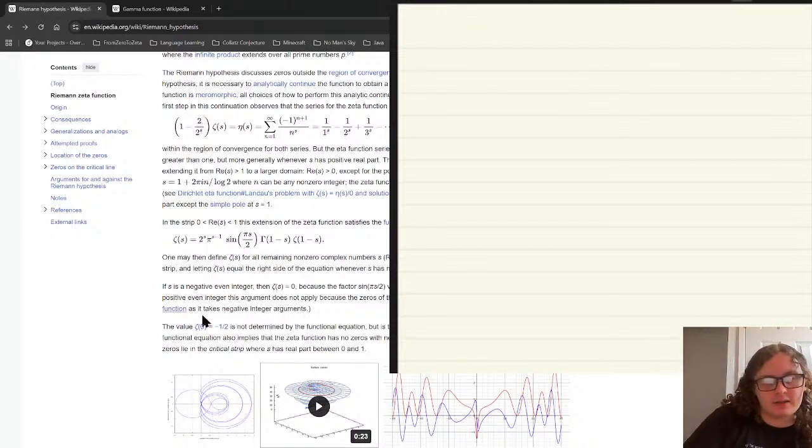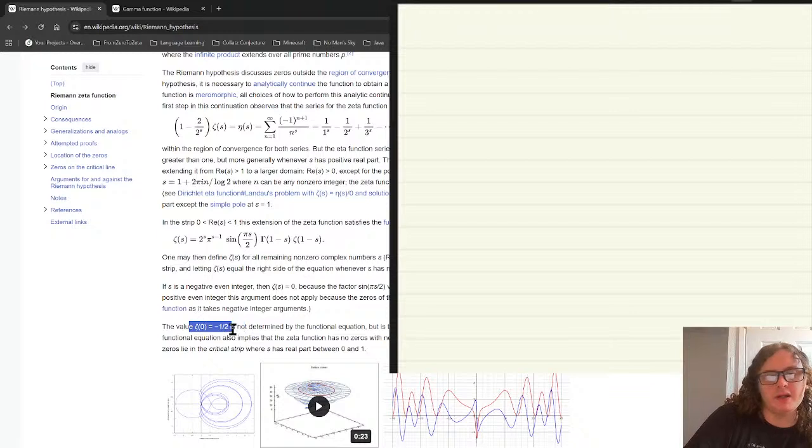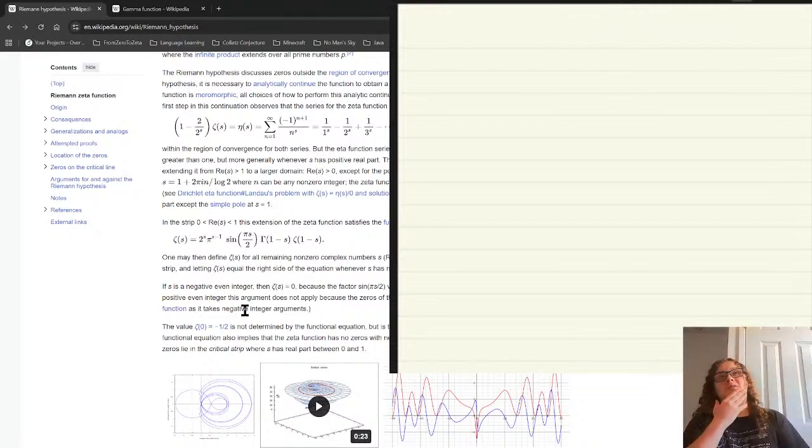Oh, I see. So what I said earlier about zeta 0 not being defined was false. It is defined as negative one half. Oh, that's right.